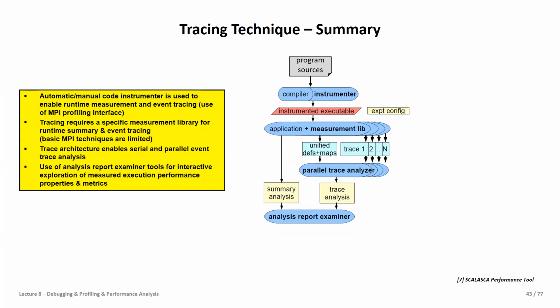That's why you have several specific libraries to enable this, as we will see later on. This trace architecture enables serial and parallel event traces. Then you can conveniently analyze it with a powerful analysis report tool that examines the parallel performance problems, the execution performance properties and metrics, and whether we can find certain patterns where we may have a problem in the application.